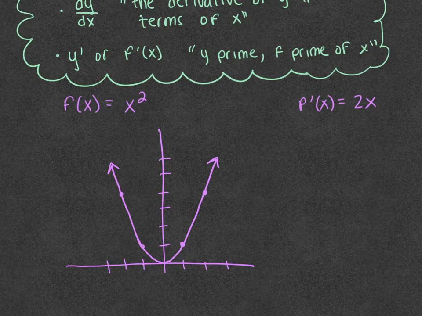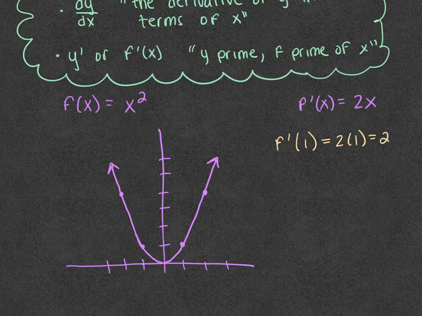What the derivative is telling me is at any point what the slope is at that specific point. Because obviously this isn't a line, the slope doesn't stay consistent and it's constantly changing, but I can find the slope at any given point. If I wanted to know what the slope is when x equals 1, I can plug in 1 to the derivative, and it would be 2.